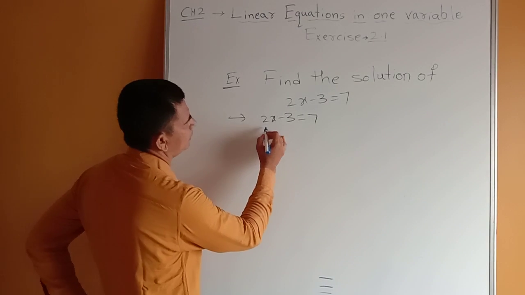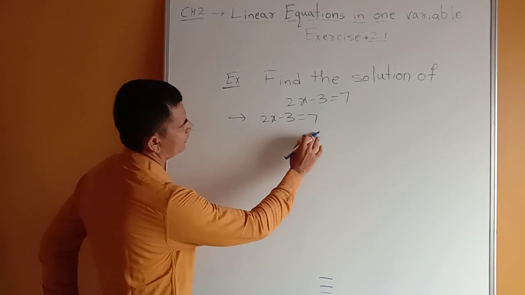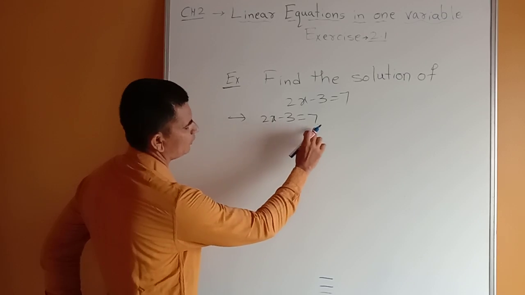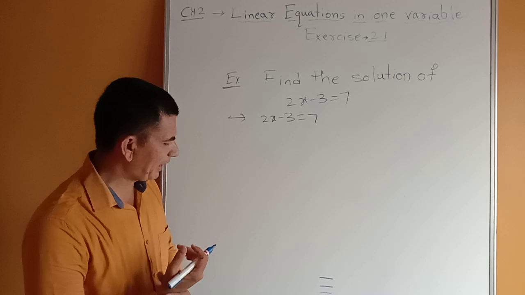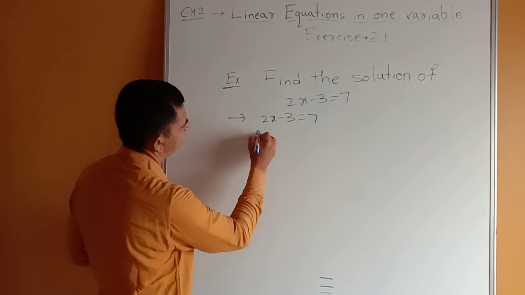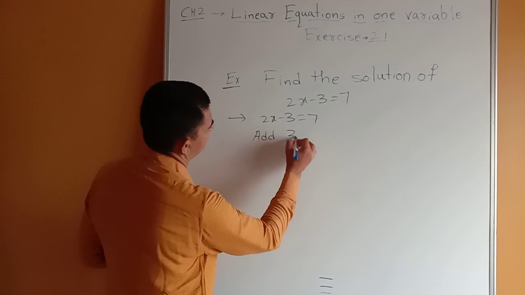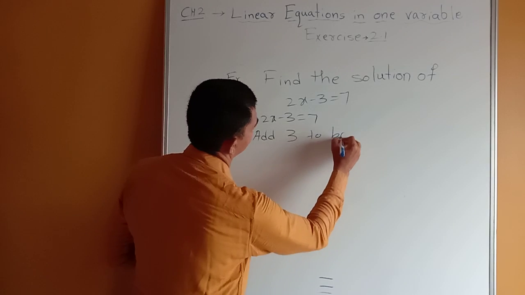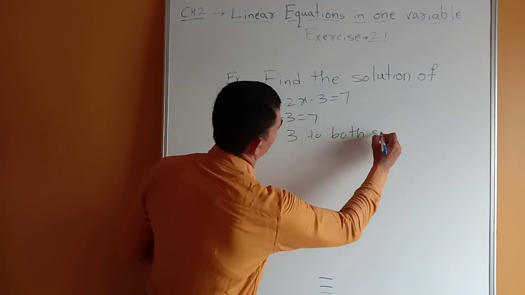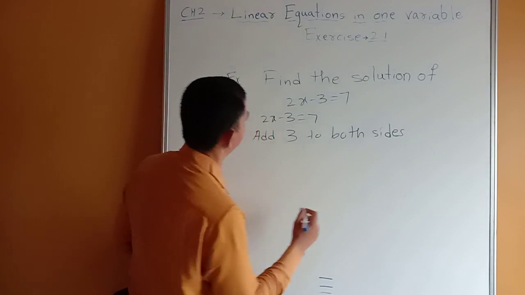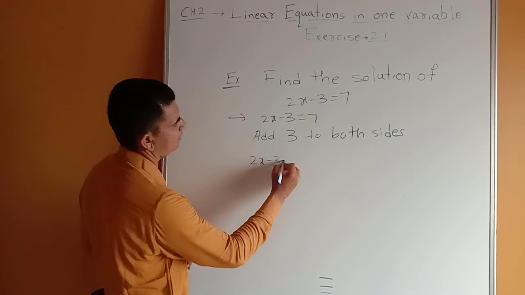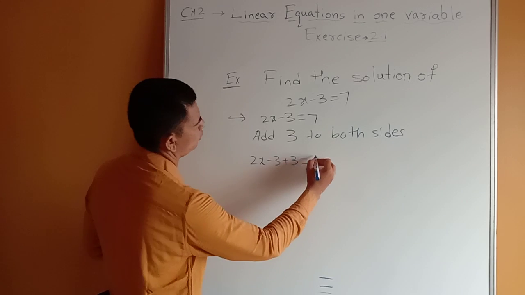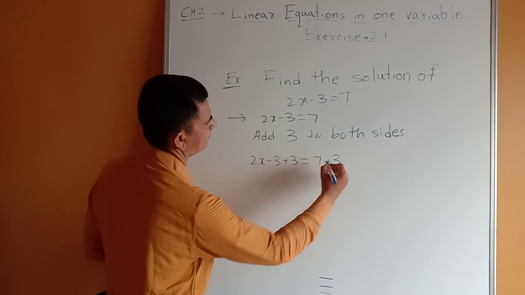I will say 2x minus 3 is equal to 7. To find the solution of 2x minus 3 equals 7, we have to balance it. To balance this, we can add 3 to both sides. This is the first step. So 2x minus 3 plus 3 is equal to 7 plus 3.